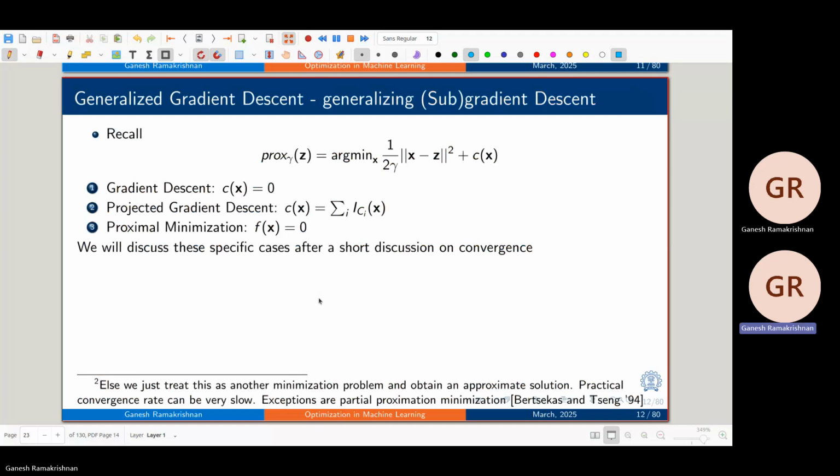I just want to find a feasible solution. Give me a point that lies within this space. Then I just set f of x to 0 and minimize for c of x. That's another extreme. We will not deal with that right now.